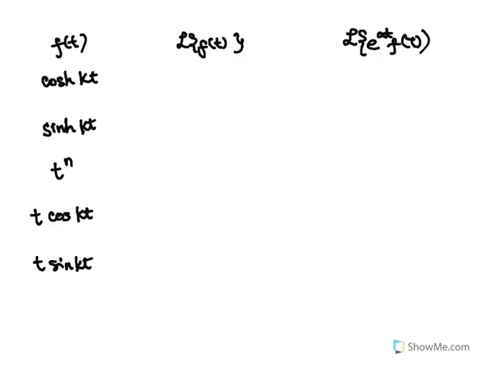For cosh kt, we know the Laplace transform is s over s squared minus k squared. And so if it's multiplied by e to the at, then the Laplace transform of e to the at cosh kt is just s minus a over s minus a quantity squared minus k squared.